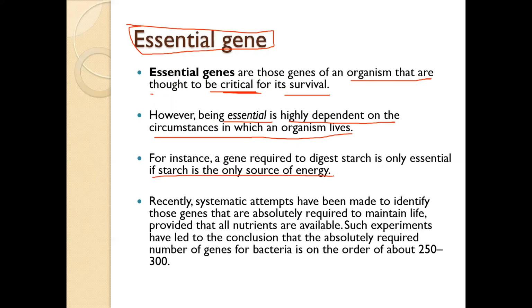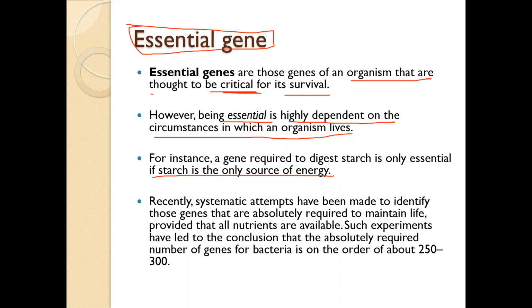us. In our case, we are not able to digest cellulose because we don't have the cellulase enzyme, but we have the amylase enzyme, and that is why we have different kinds of amylase enzymes: salivary amylase, pancreatic amylase. This amylase enzyme is responsible for digesting starch, which has another name, amylose.